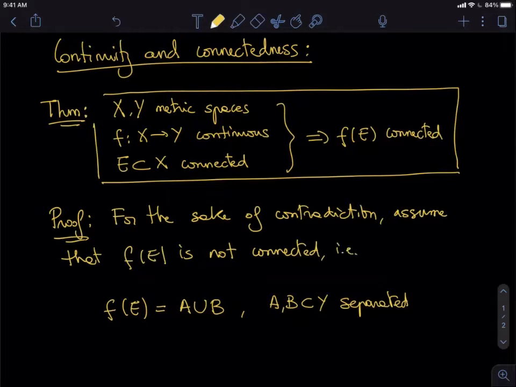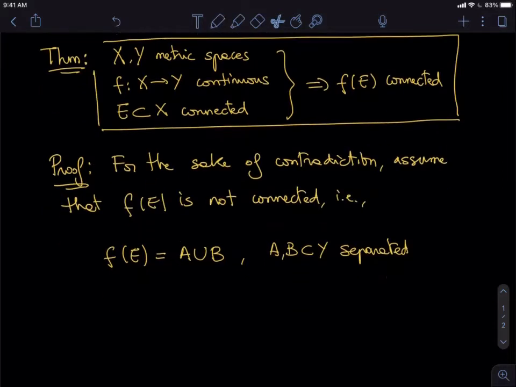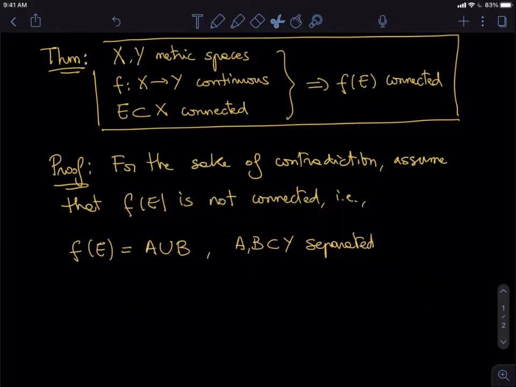That is, when we write i.e., that's Latin for "that is", id est. Now, f of E is equal to the union of A and B that are separated sets.